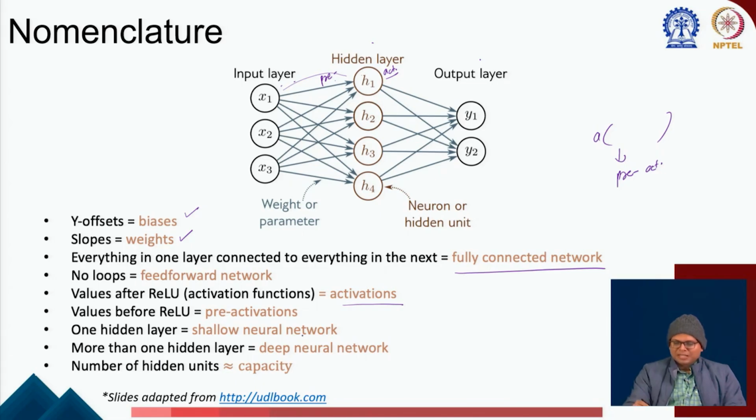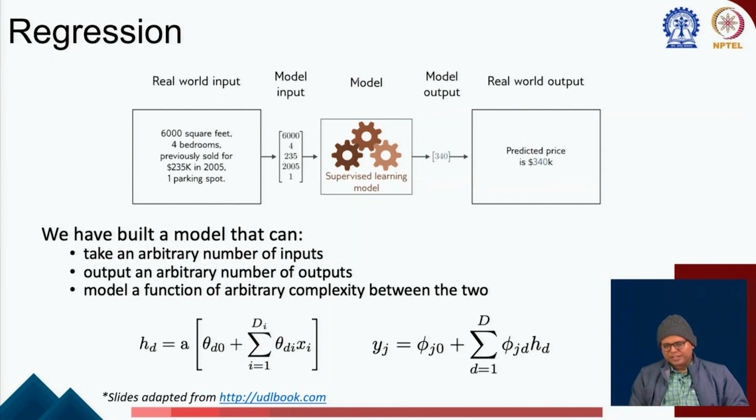If you are using a single hidden layer, it's a shallow neural network, and if you are using more than one hidden layer, it's a deep neural network, right. And typically the number of hidden units that you have is the capacity of the network. Okay. So we started from the regression model: given an input of this format, how do I convert it into a model output?